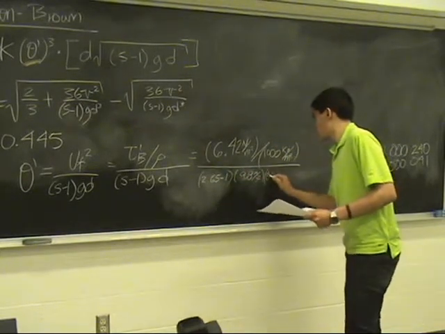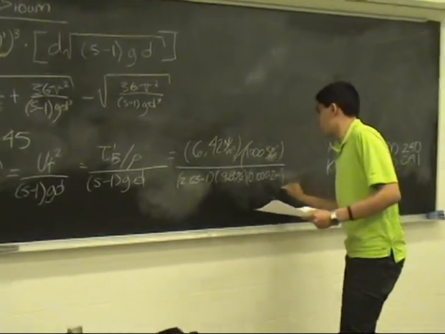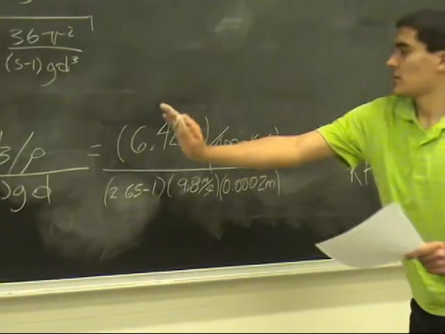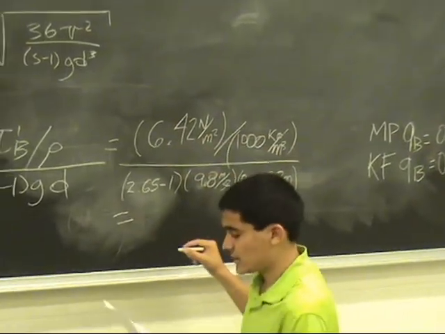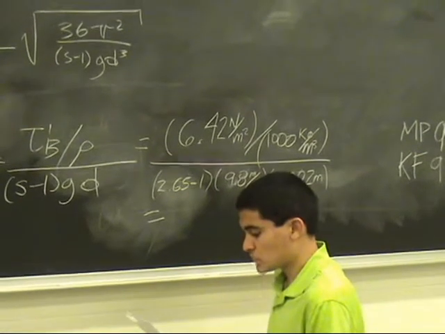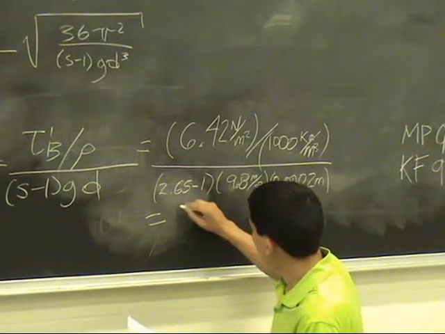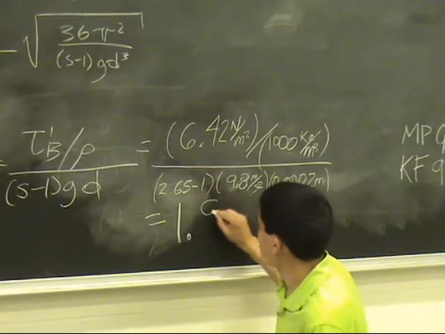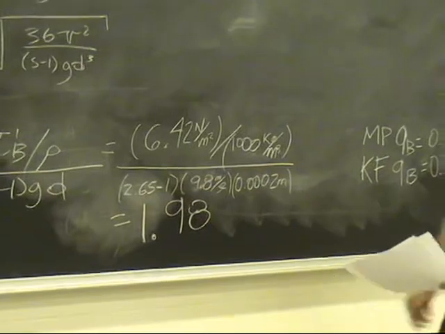D, as we already said, is 0.2 millimeters, but we transfer it to meters. We carry out this calculation and our effective Shields parameter should come out to be 1.98. Okay, that is done.